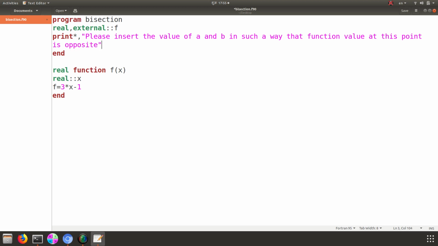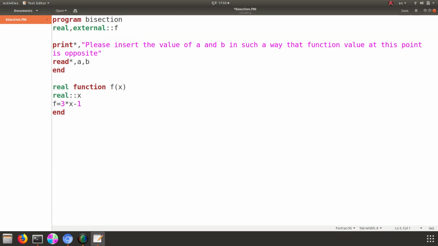Okay, so this is what we are going to print on the screen, and the person will insert the values to be read by the computer. We write a and b here. Okay, so I used a and b as real variables, so it is better to introduce them as real variables in the program as well. So a and b. Okay, so we inserted a and b.